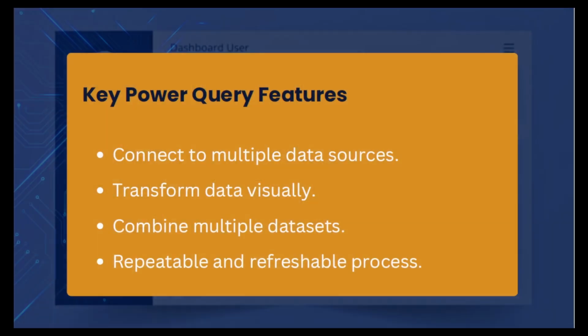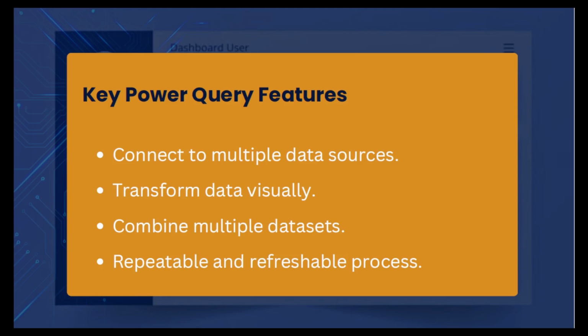What are the key features of Power Query? First, you can connect to multiple data sources. You can transform data visually. That means you can see what you are transforming. As you apply a step to your data to transform it, you can see how the changes are coming about.